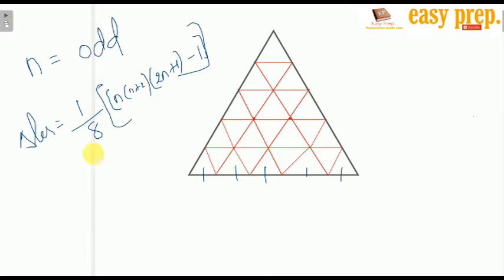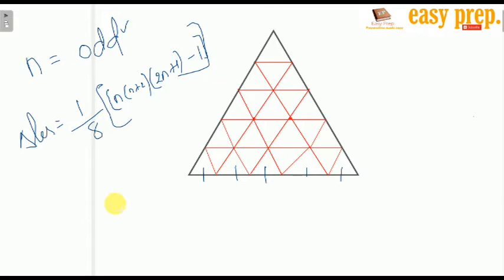Okay, so this minus 1 will be extra, friends, it will be extra for n equal to odd. So this is the only difference between n equal to even and n equal to odd.